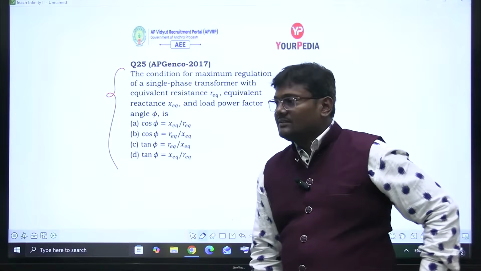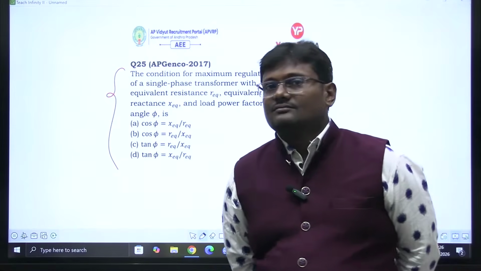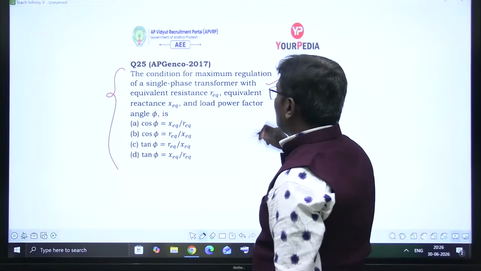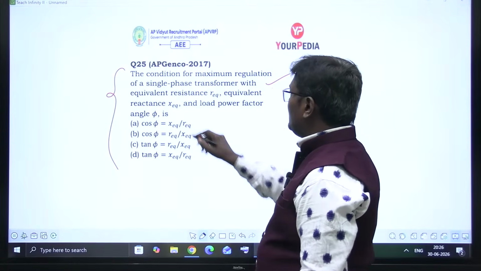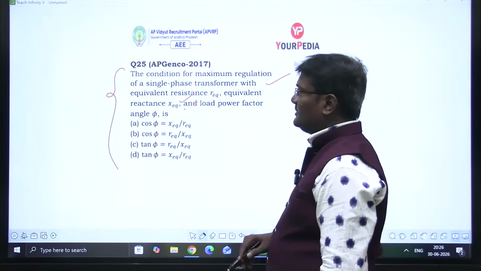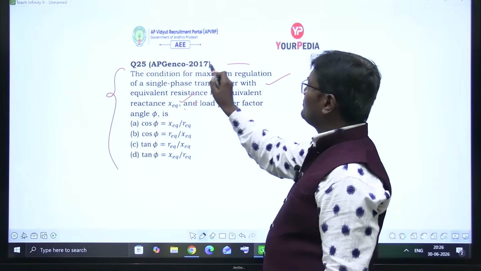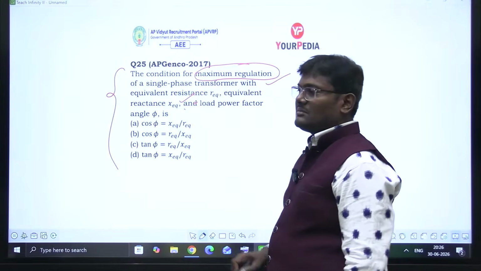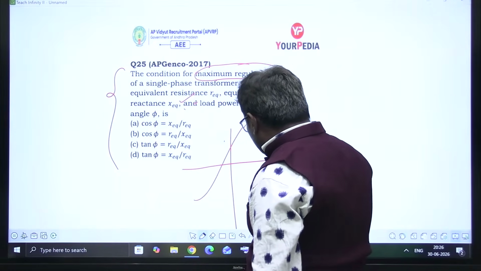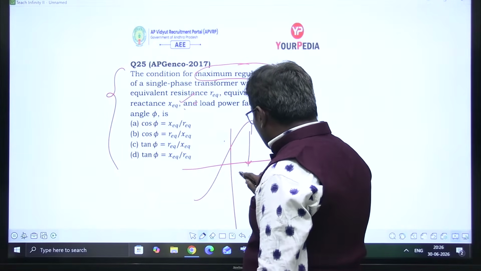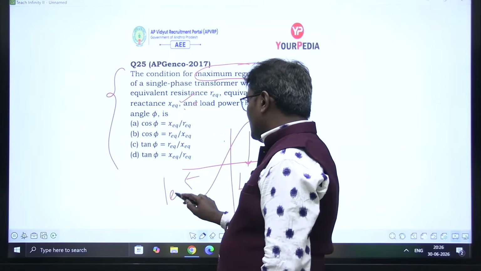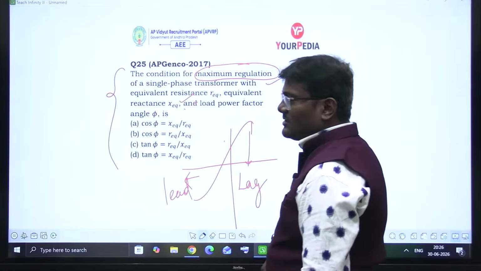This you can think. The condition for maximum regulation of a single phase transformer with equivalent resistance, equivalent reactance and load power factor angle phi is? Always remember the condition for maximum voltage regulation. Maximum voltage regulation takes place at lagging power factor, and zero voltage regulation takes place at leading power factor.